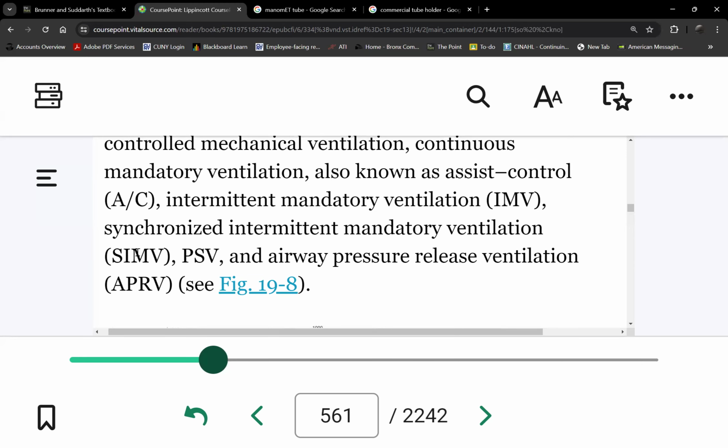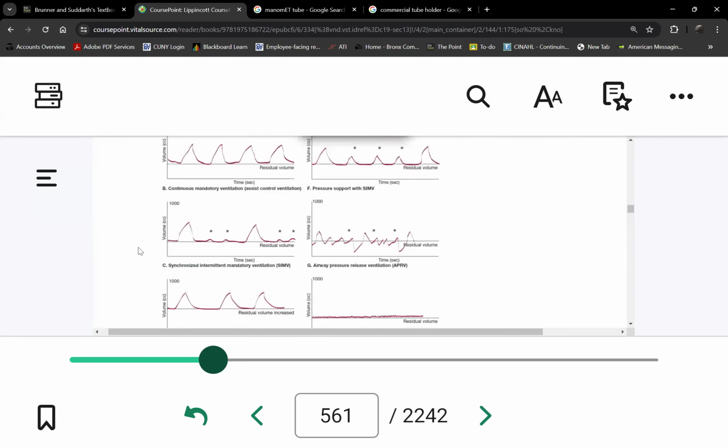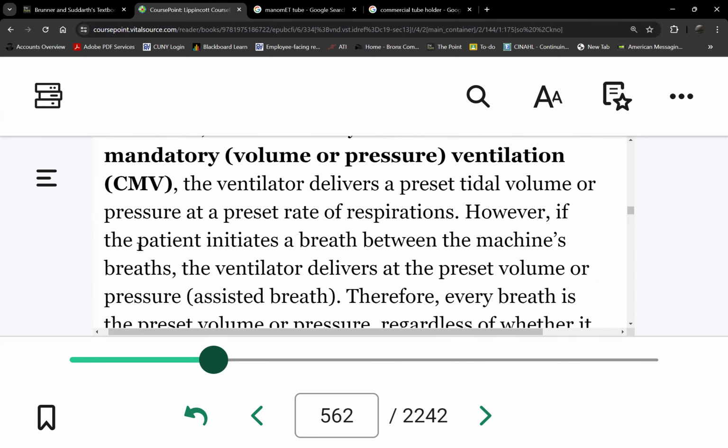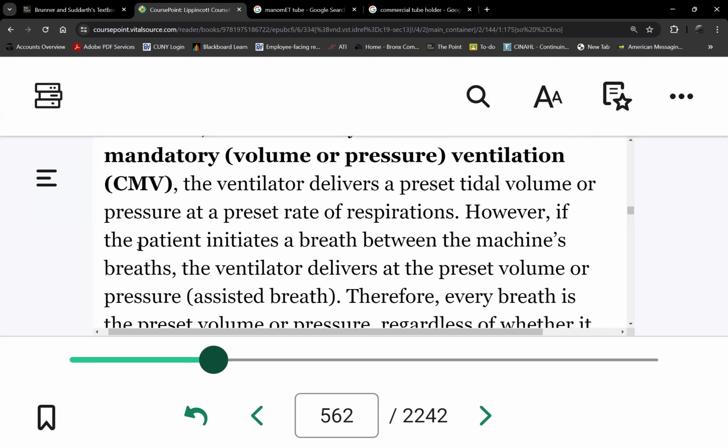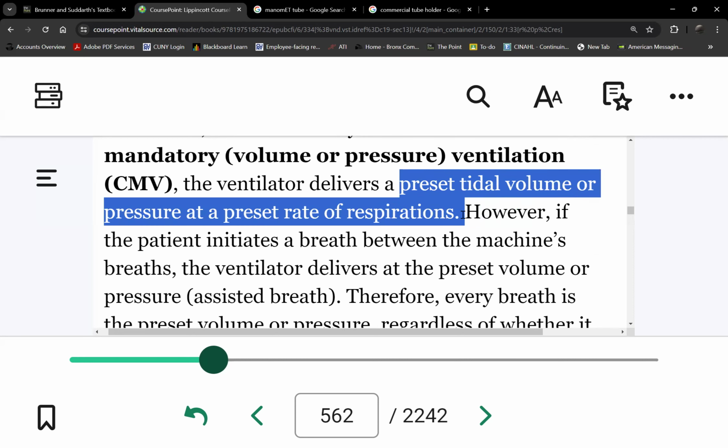If it's a volume mode, you always have a preset tidal volume and a preset rate.